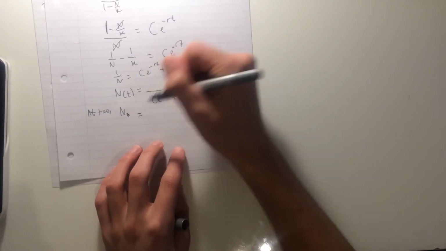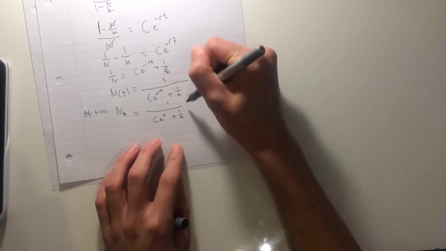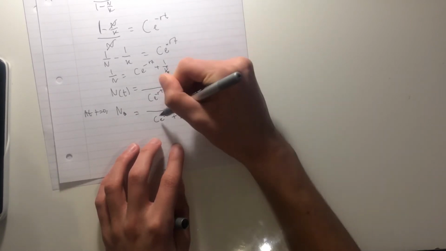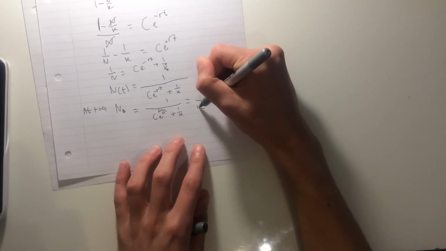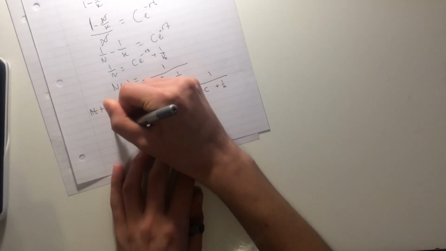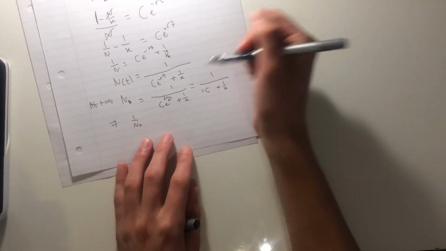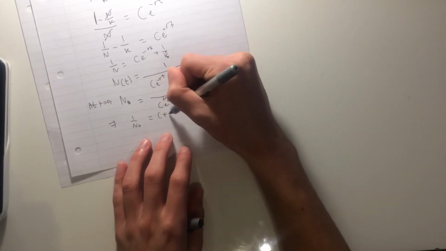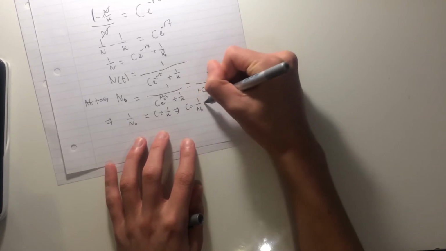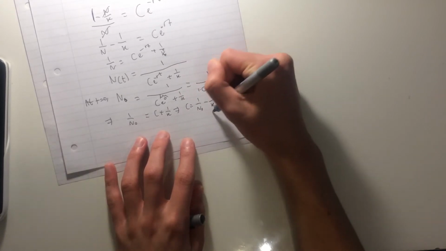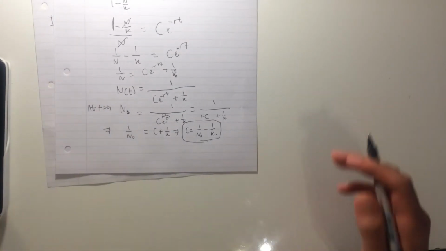It's equal to 1 over c times e to the 0 plus 1 over k, and anything to the power of 0 is 1, so it's just 1 over c plus 1 over k. That implies that the inverse of the initial population equals c plus the inverse of k, which implies that c equals 1 over n0 minus 1 over k. Now this is important because we're going to substitute it into the other equation we derived.